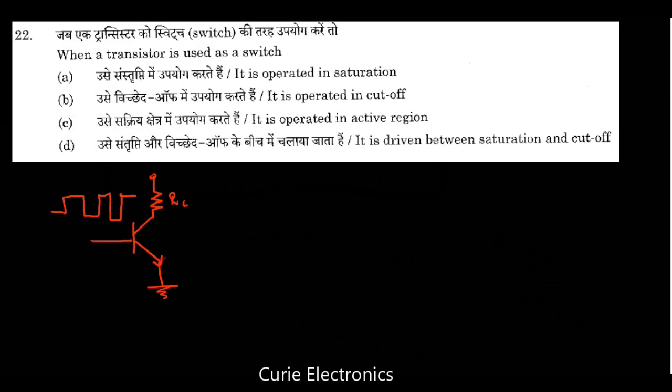And the output, we will get a signal like this, which goes from 5 volt to 0 volt. When it is possible to get the output like this, a switching waveform, the transistor has to work in saturation as well as cutoff. So the answer is option D.